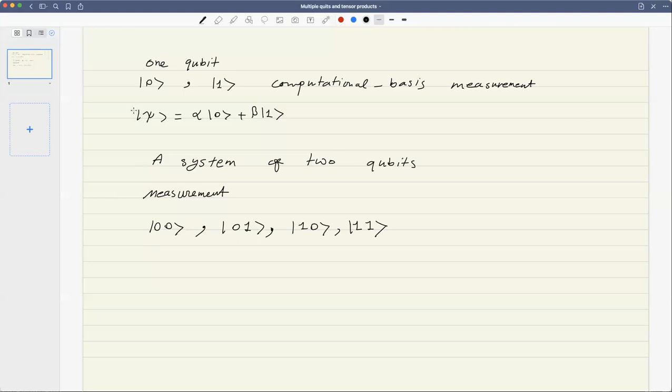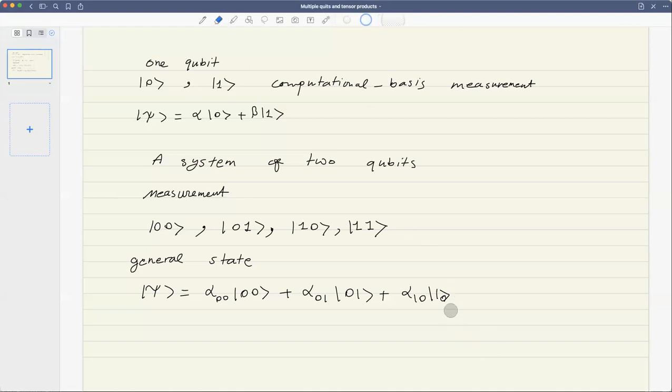Again, if I want to generalize the superposition principle in the same way, we're going to say that a general state can be some linear combination of these 4 different states. So it's going to be psi, let's call it alpha 0 0 times 0 0 plus alpha 0 1 times 0 1, alpha 1 0 times 1 0, alpha 1 1 times 1 1.